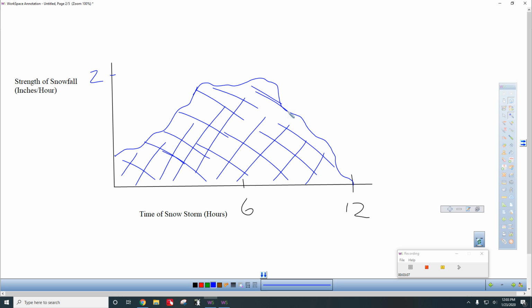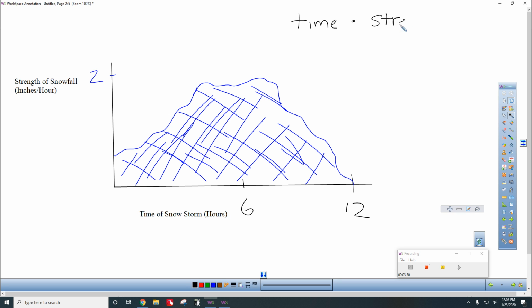And we just stated before, why would we ever care about the area of that shape? Well, let's examine what the area of that shape is. It's all of the sums of the time of our snowstorm times the strength of our snowstorm. And you still might be thinking, who cares about that?